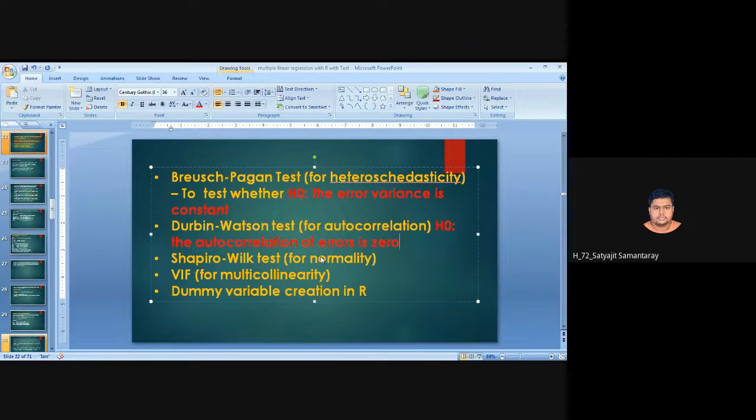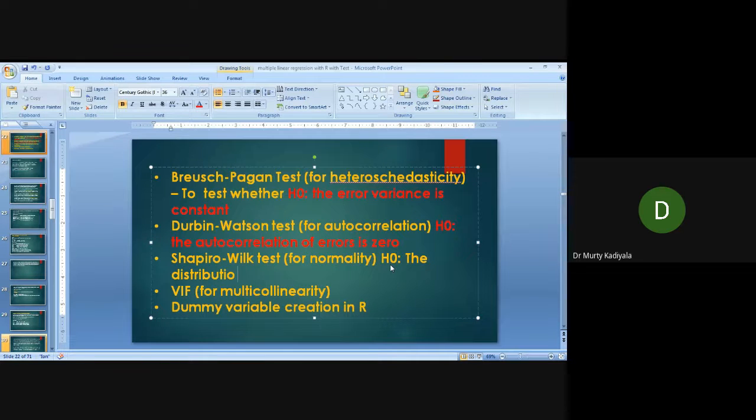Yes, sir. The autocorrelation of error should be 0. One more assumption I told you. What is that assumption? The error should follow a normal distribution, correct? The distribution of errors must be normal.